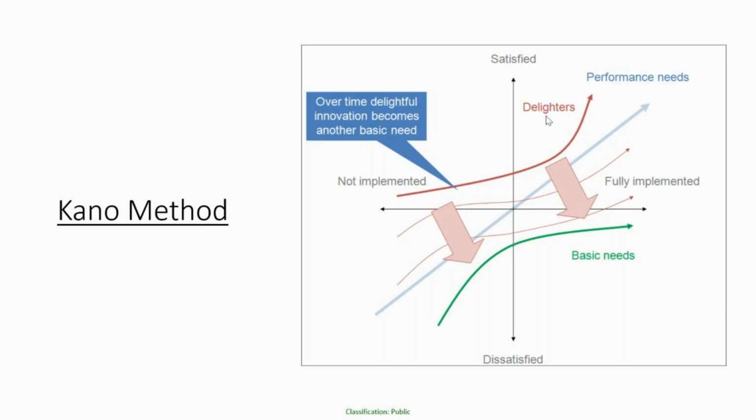Then you have something called a reverse need, which will have a reverse impact. Means if these happen, then they can lead to dissatisfaction, and when not fulfilled, can lead to satisfaction. What does it mean? For example, let's say we're talking about our food delivery app.